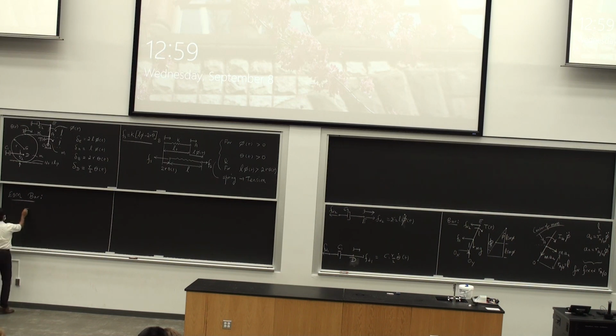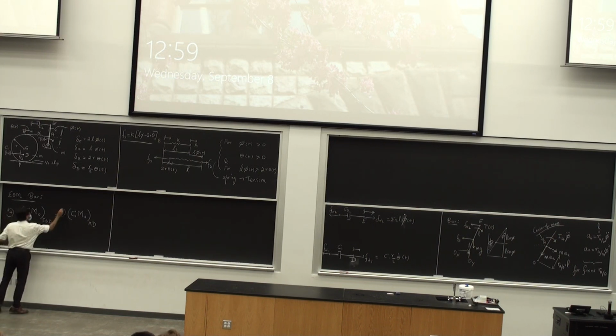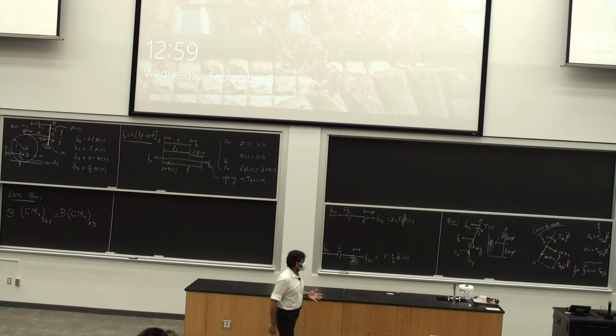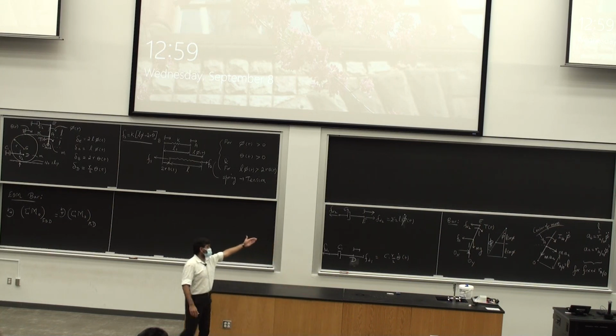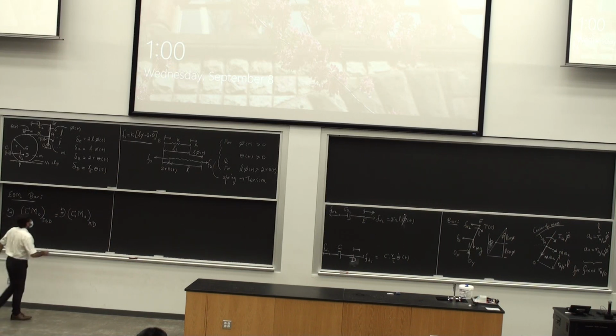Sum of moments about the point O on the free body diagram is equal to sum of moments about the point O on the kinetic diagram, counterclockwise, positive. Sketch out a few more things and then we go to the next one. Moments about point O, Fs times the distance of L times cosine phi in the counterclockwise direction.